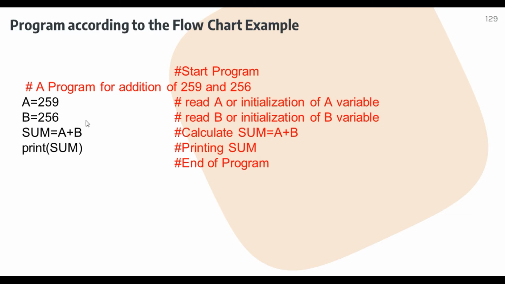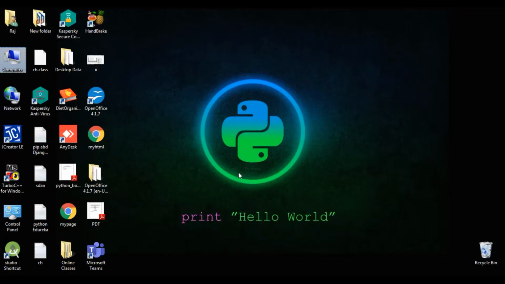Next line, B equals 256, read B, or initialization of the B variable. Then sum equals A plus B, that means calculate sum equals A plus B. And the next line, we are going to print the sum. Sum contains the value which comes from A plus B, and printing sum, and at last the end of the program.